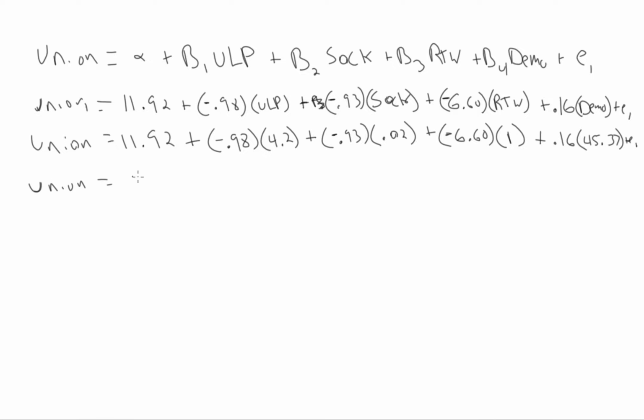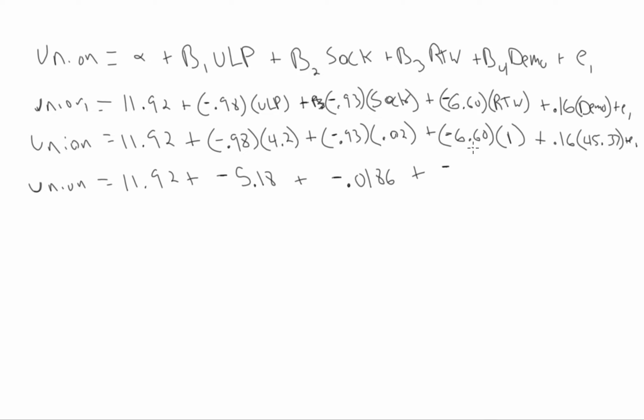Union equals 11.92 plus, this is going to be negative 5.18 plus negative 0.0186, and I'm going to round, so some of these decimals will drop off and there will be some rounding errors.